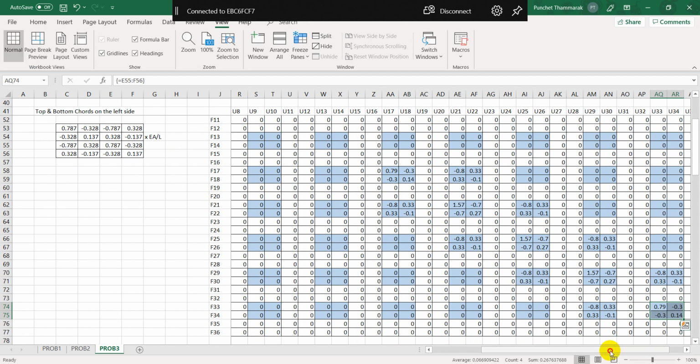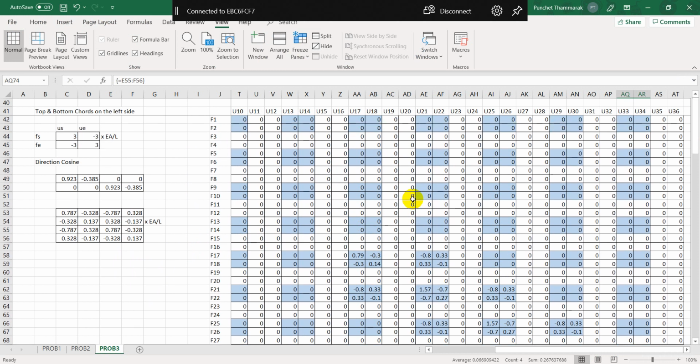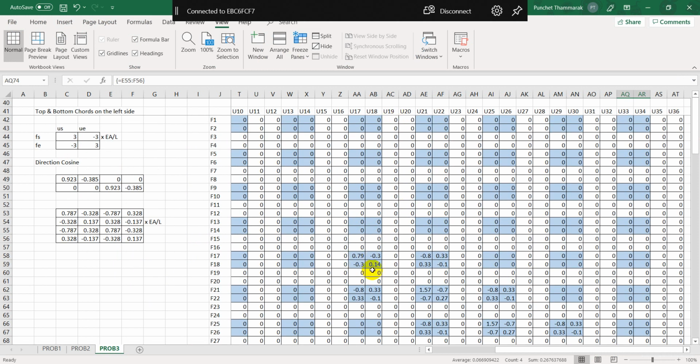Yes. Done with top chord. Work on the bottom chord next. So 10 to 12, which is 19, 20 and 23, 24. 19, 20 is here, right? 19, 20 is going to come in, and 23, 24 is going to be here.